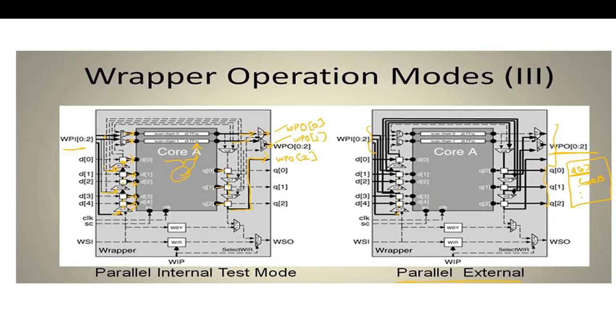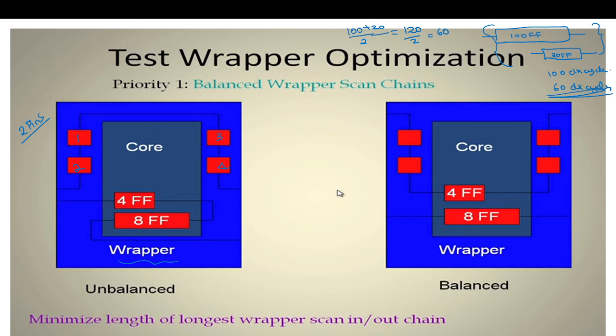So say for this architecture, I consider that we will connect all this boundaries together and internal scan chain to form one chain. Then what will be the two chain length? One will have a chain length of 4 and another scan chain will have 8 plus 4, which is 12 length. So it will require 12 clock cycles to shift.